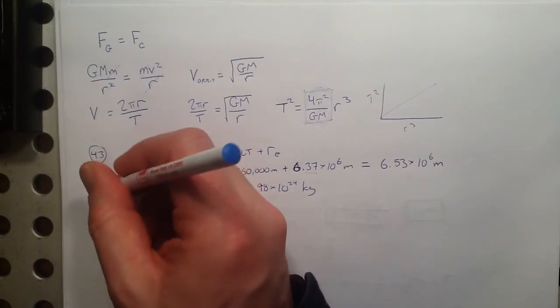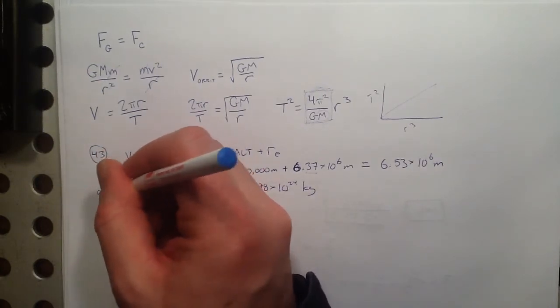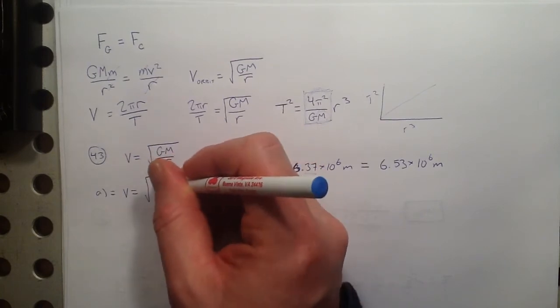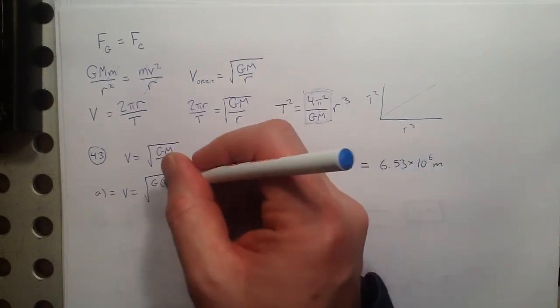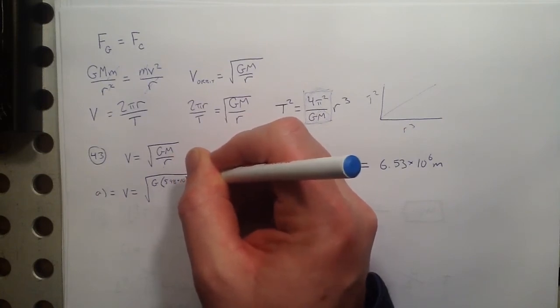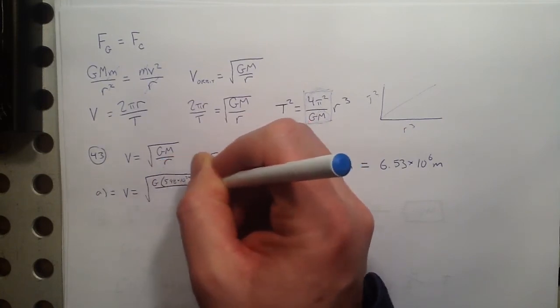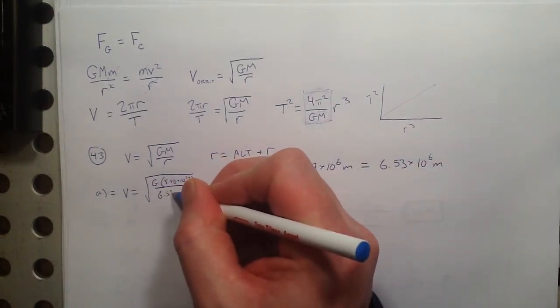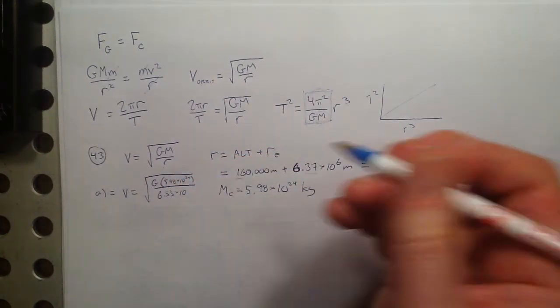So the velocity, part A, of this orbit would have to be the square root of G times the mass of the Earth divided by the radius of the orbit, which is 6.53 times 10 to the 6th.